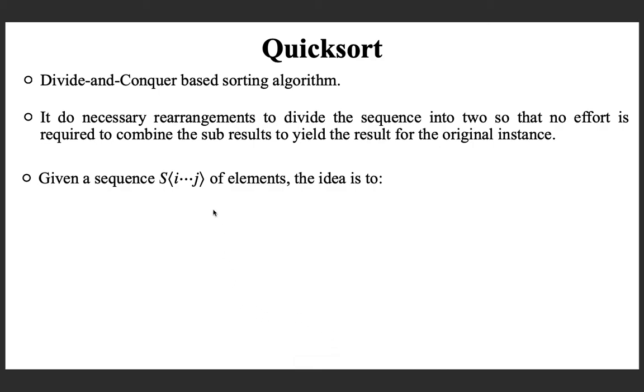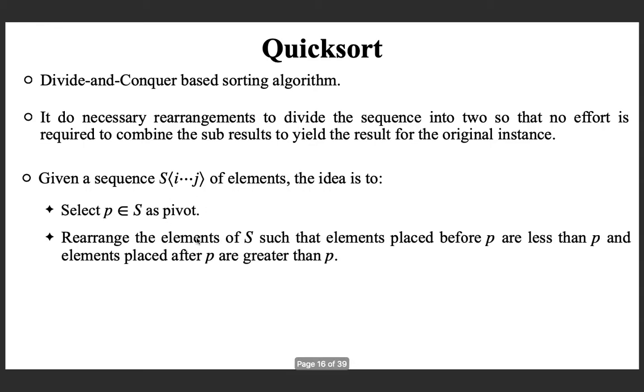So, given a sequence S of elements from index i to j, to start with i will be 1 and j will be n. The idea is to select an element p in the sequence as pivot and then rearrange the elements of S such that the elements placed before p are less than p and the elements placed after p are greater than p.